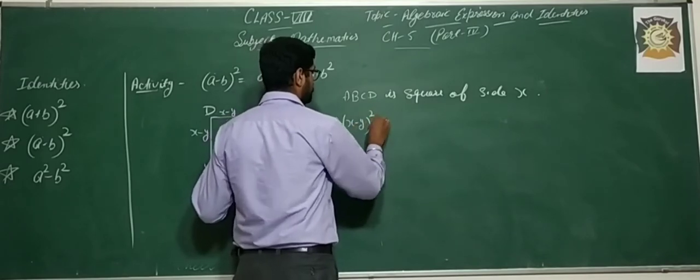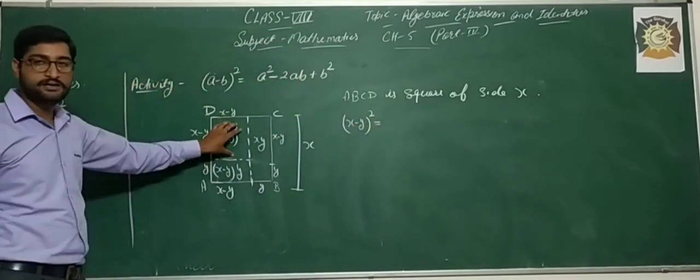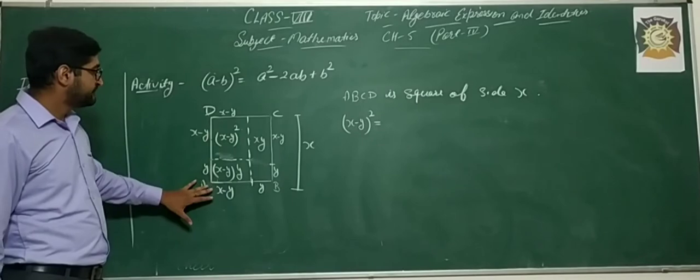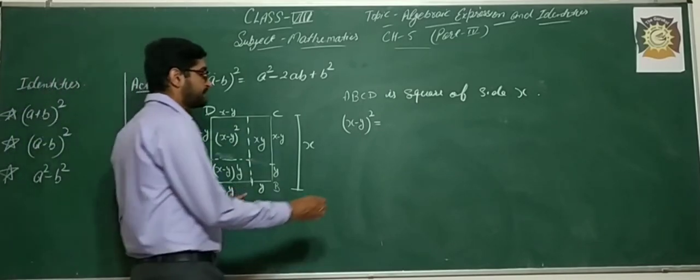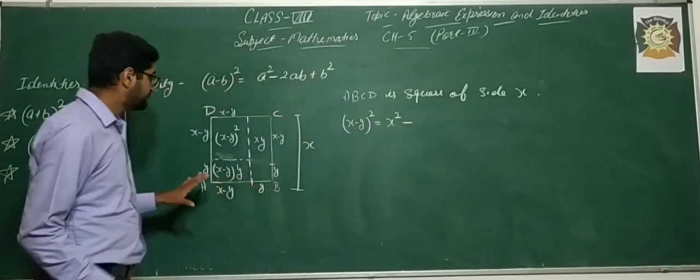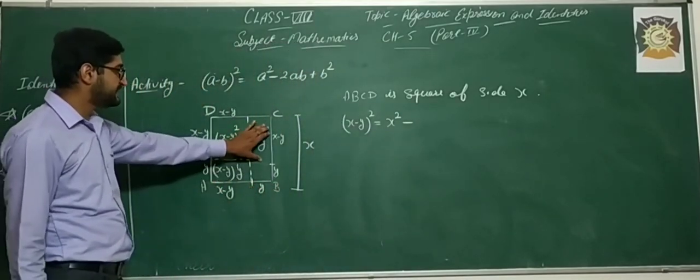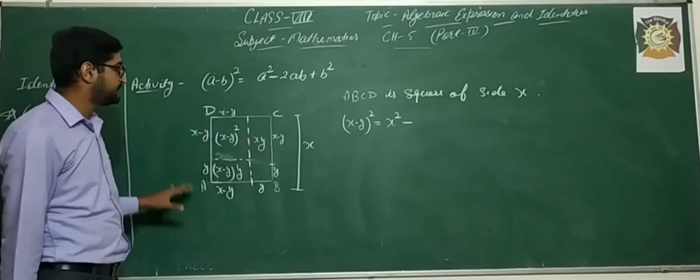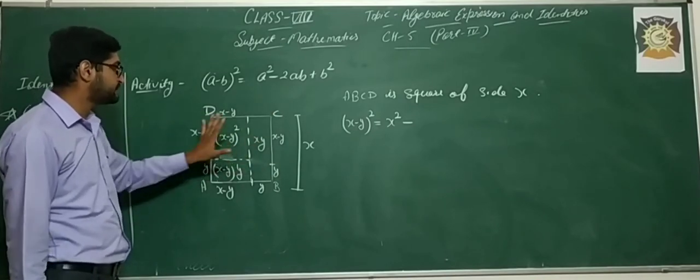Now you can see (x minus y) whole square means this square is equal to the area of the complete square, that is x square, minus, means we will subtract this area and this area from the complete square, then we will get (x minus y) square.